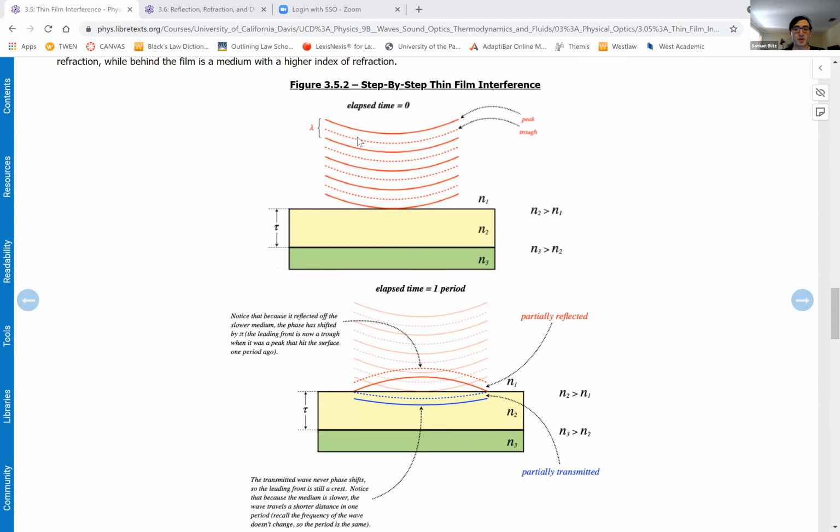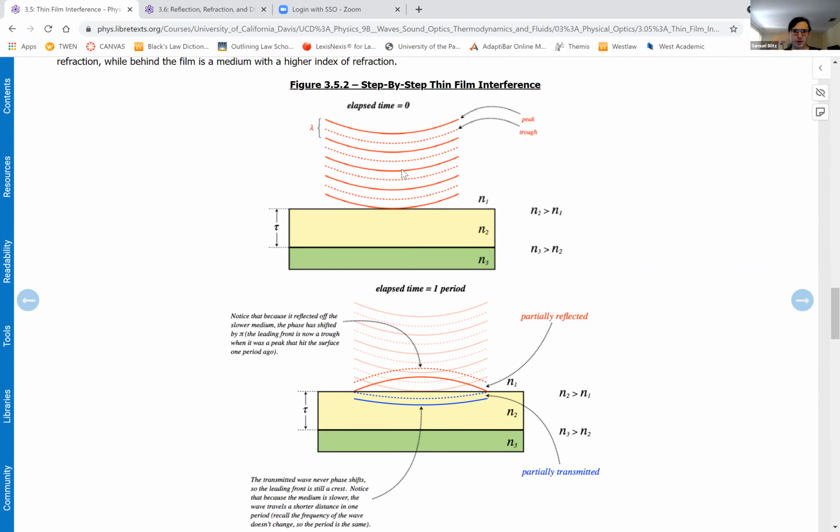So imagine for a moment that we have a wave going towards an interface. Now here we have 3 different media. We have, say, air maybe on top. This would be n1, whatever that index of refraction is. Then there's a really thin layer of width tau that has index of refraction n2. Maybe it's oil, maybe it's glass, maybe it's water, whatever. And then below that is another medium with index of refraction n3.